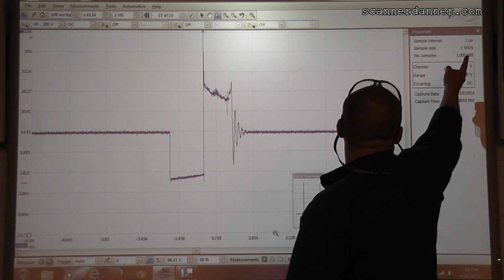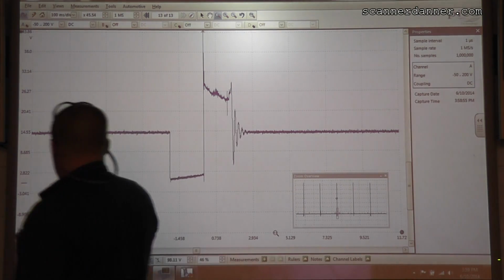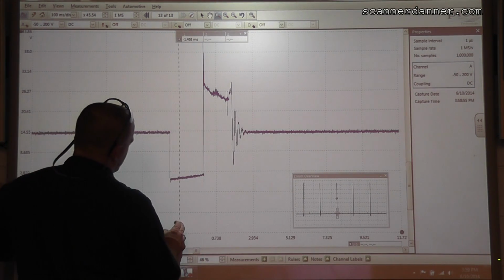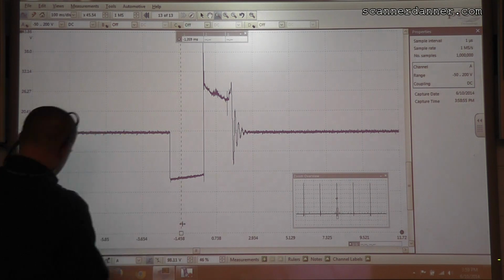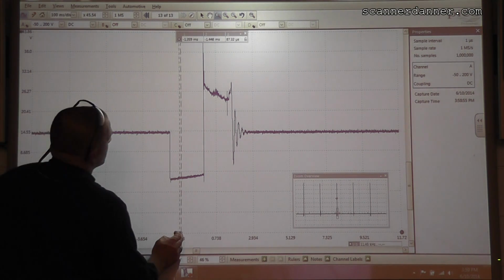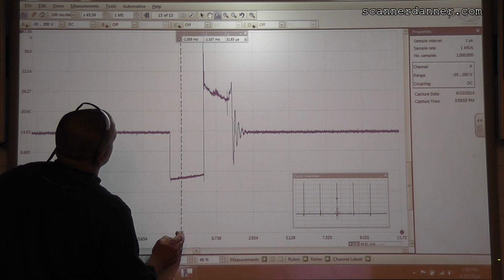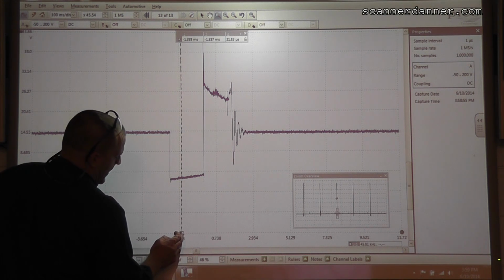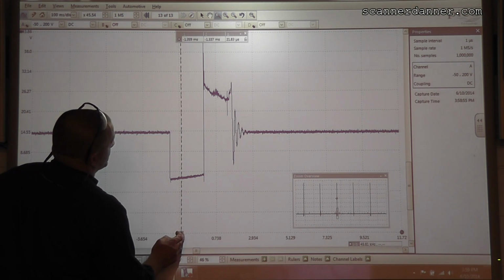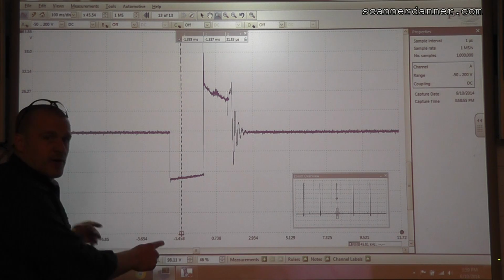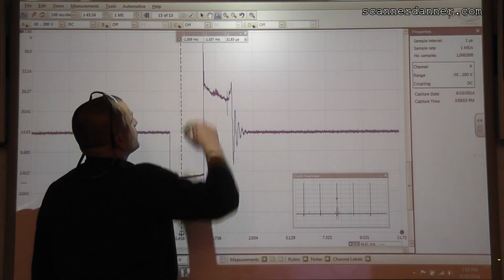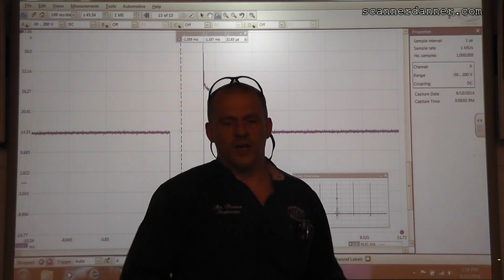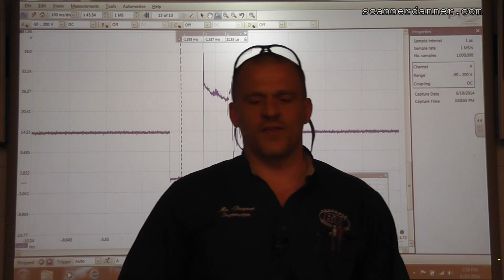Where's 1 microsecond in here? I probably wouldn't even be able to put these cursors in a 1 microsecond area. Just to give you perspective here, with my cursors basically on top of each other, I'm reading 21 microseconds. Am I missing any detail on this?